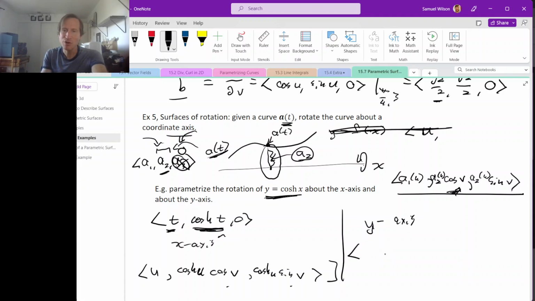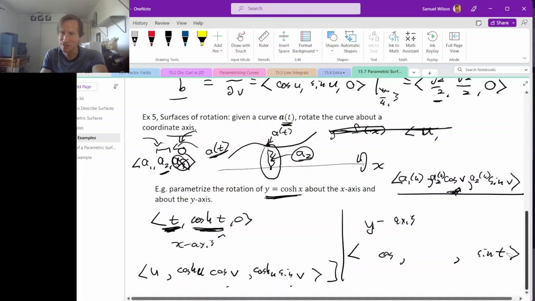Okay, well, now we're going to have our cosine and sine in the x and the z direction, like this. And what we're using as the radius this time is the x-coordinate of our parametric curve, so that should be, I said I was going to use u instead of t, so let's put a u here and here.